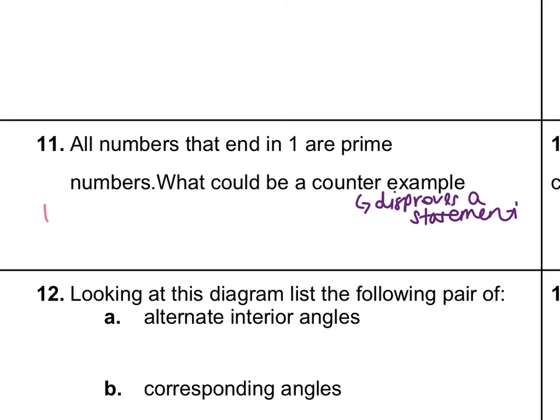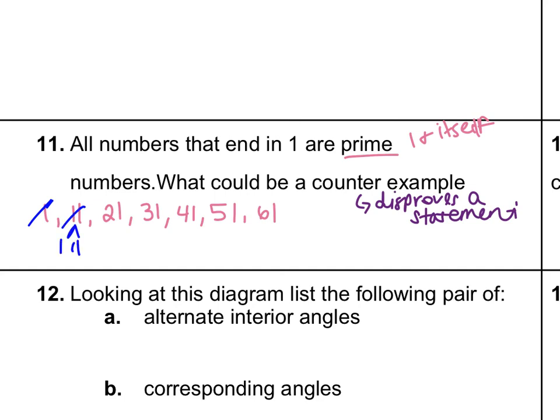We have 1, 11, 21, 31, 41, 51, 61. Okay, and the list goes on and on. So if we're looking at the numbers that we have, remember, a prime number only is divisible by 1 and itself. Okay, those are its only factors. So 1, we already know, that's just 1. What about 11? 11's factors are 1 and 11.